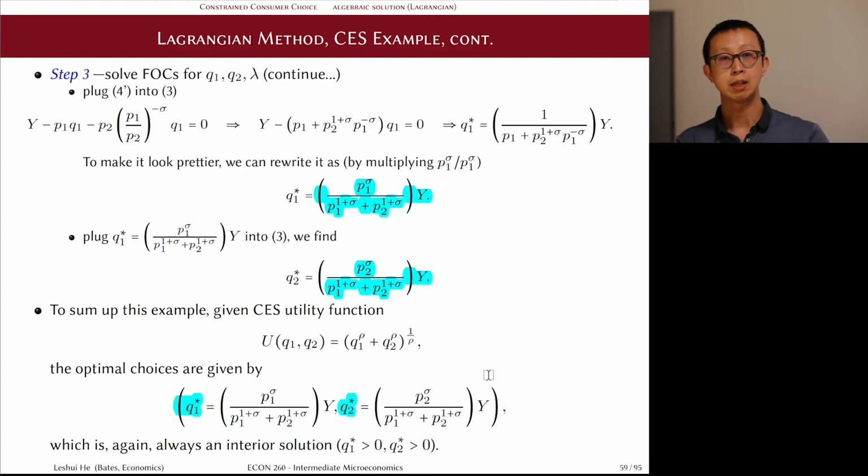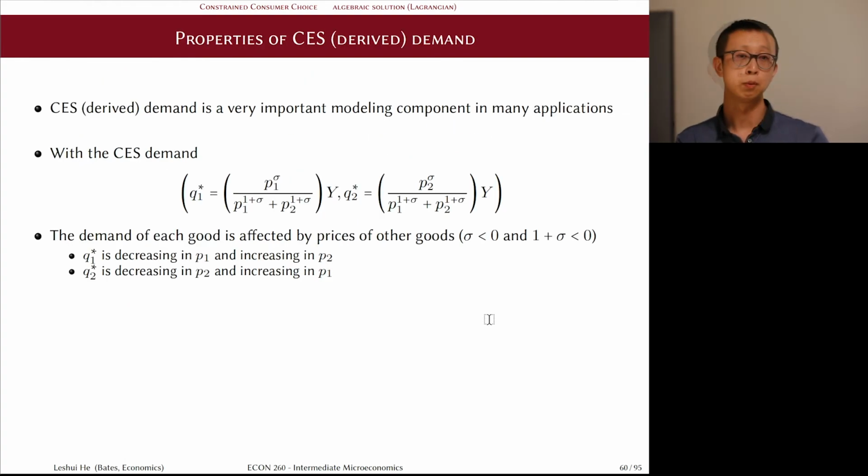For now, I'd like to discuss the properties of the CES demand a little bit further because they take a very important position in many economics models. You will notice that unlike the demand derived from the Cobb-Douglas utility function, the demand of good 1 is affected by the price of good 2. We will verify this in an exercise that intuitively the demand for good 1 increases when the price of good 2 increases.